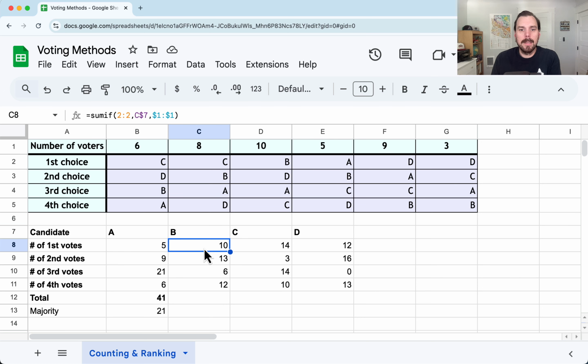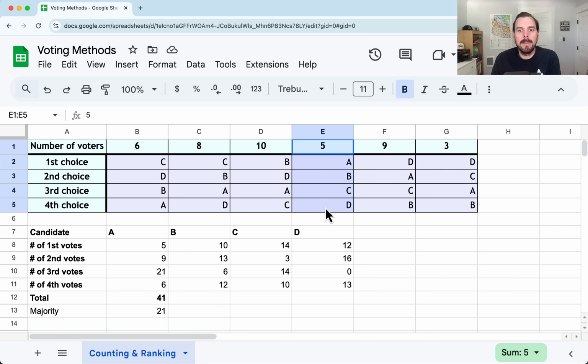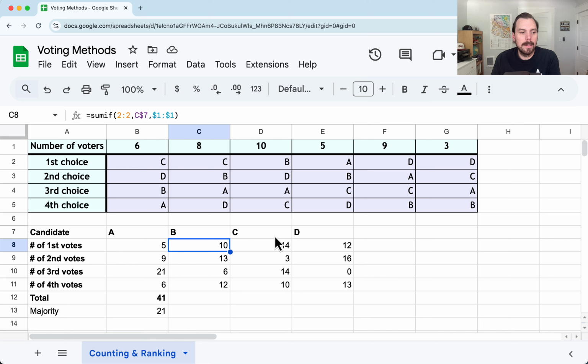So B has 10 votes for first place, plus the people in this column whose candidate got eliminated will now throw their votes in, and that will move it up to 15 for B. We would also look for other instances with A on top, and that doesn't even happen. But we end up with B winning this election with that instant runoff method.